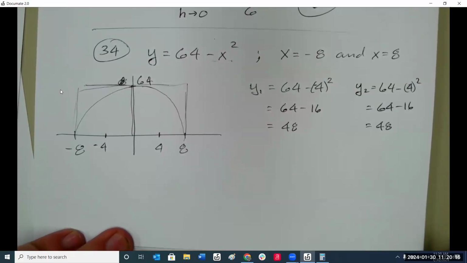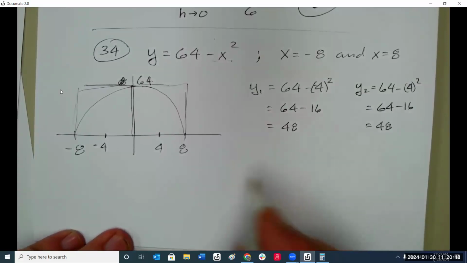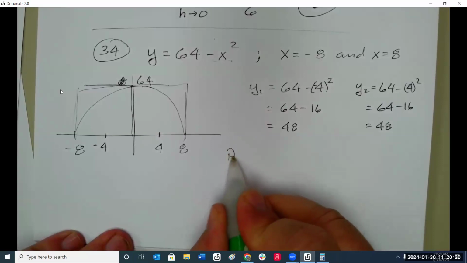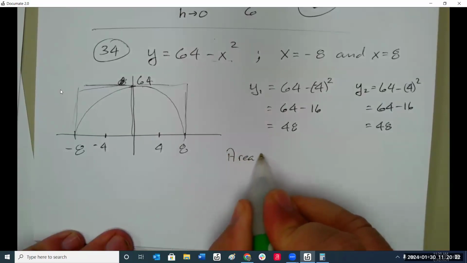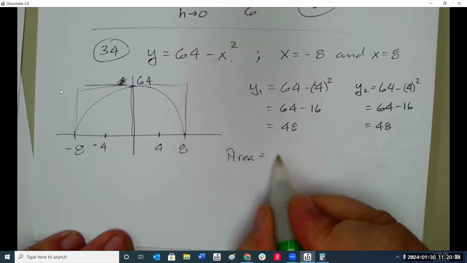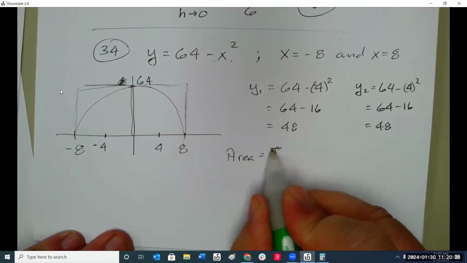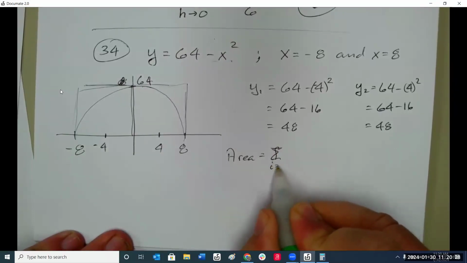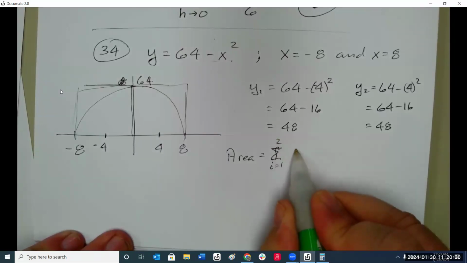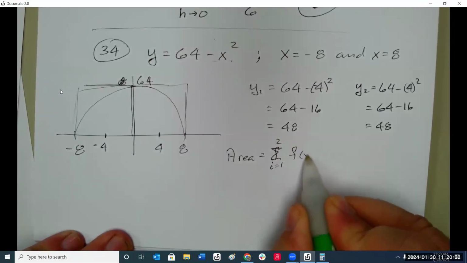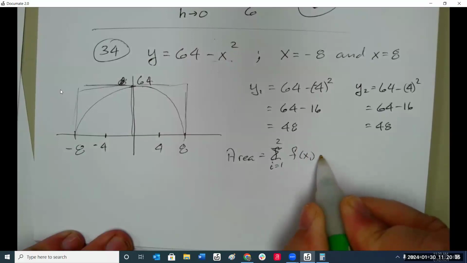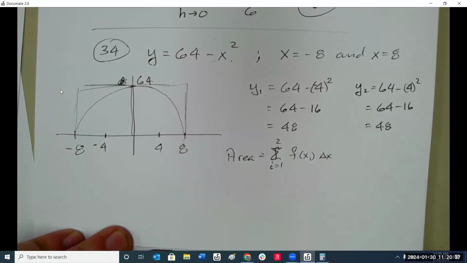So now we have to find the area. The area is the summation of f of x times delta x.